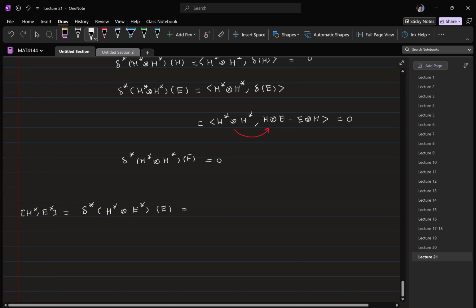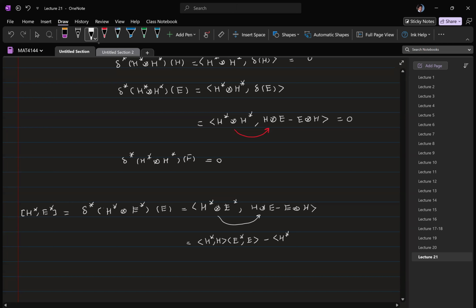So this is H star, E star of delta E, which is H tensor E minus E tensor H. And now the H tensor E term will be non-zero because it's H star of H. So this is going to give me H star of H times E star of E, minus H star of E times E star of H. But obviously this is 0 because of the dual basis property, whereas this one is 1 times 1.